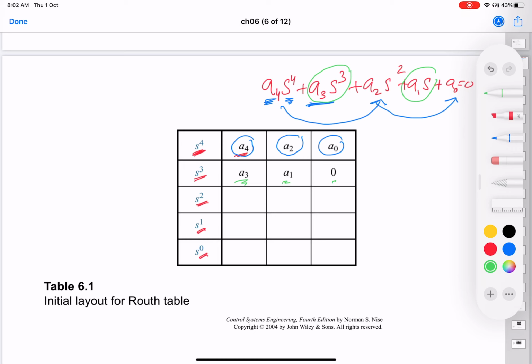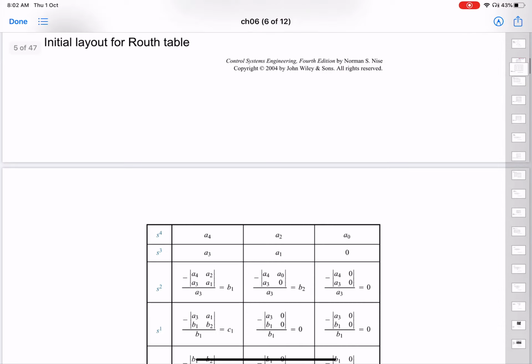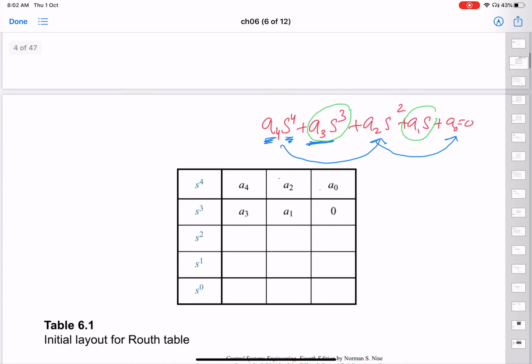Now what we have to do is fill the table completely, make the other entries for the table. This row is called the B1 row.